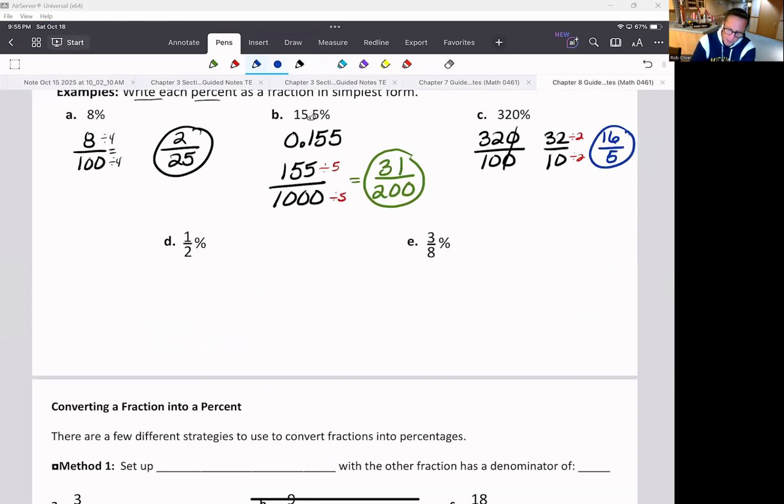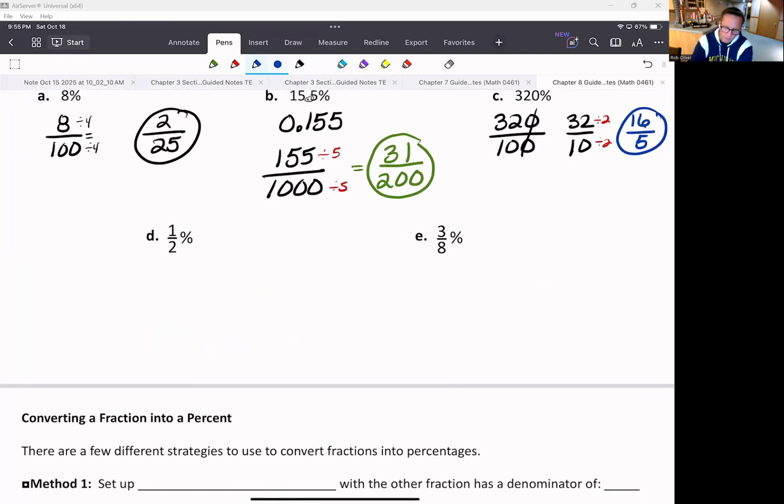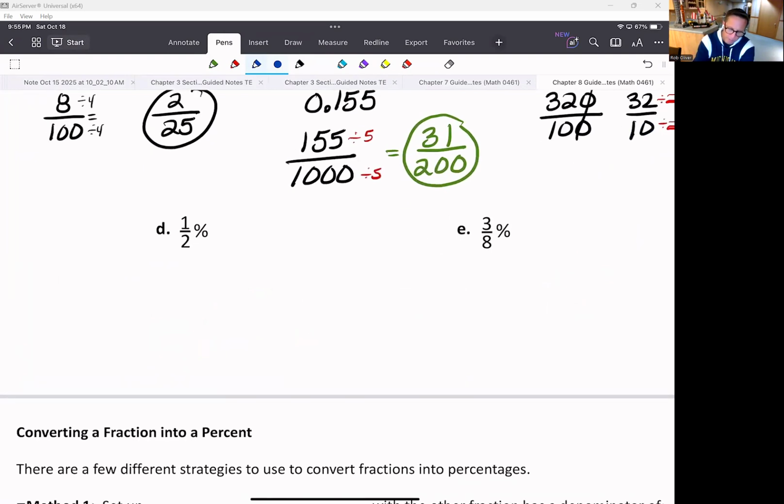And then 1/2%. Now 1/2%, that just means 0.5%. And then if we convert that into a decimal, that's going to be 0.005, which is 5 10,000ths.